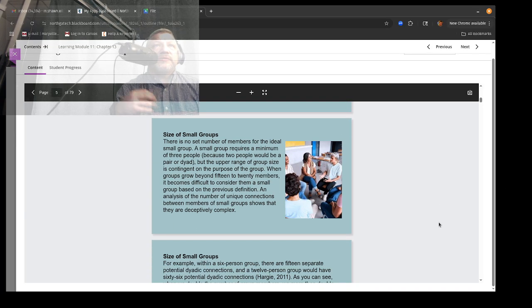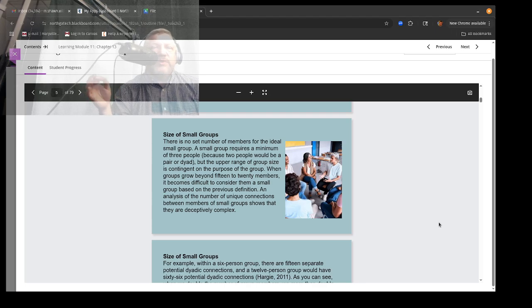The size of small groups: there's no set number for an ideal small group. Remember, the minimum is 3, right? Because 2 people is a pair, it's a dyad, but 3 or more. But small groups can be, I've worked in small groups of 10 and 12, 15 even, within advertising contexts and other job type functions.